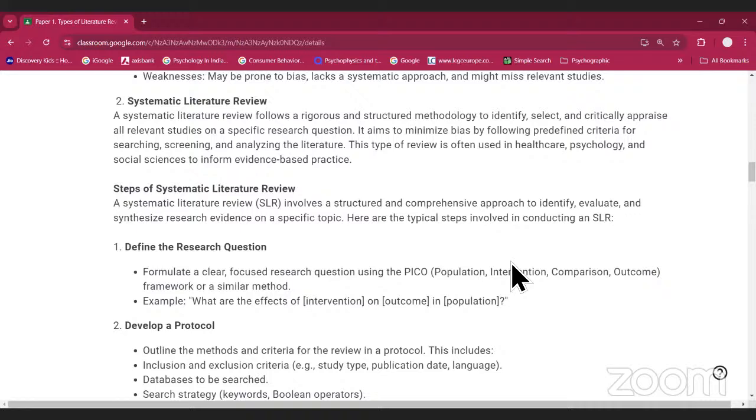Therefore, you have to pay much attention to the PICO, that is the population, intervention, comparison, and outcome. So this is vital.